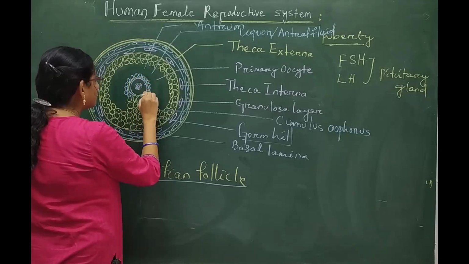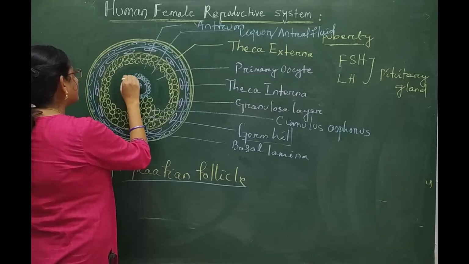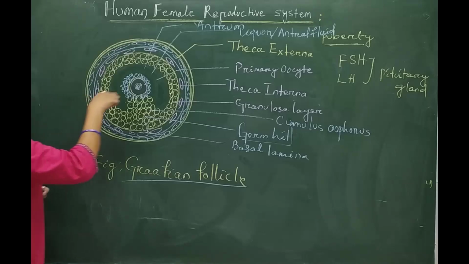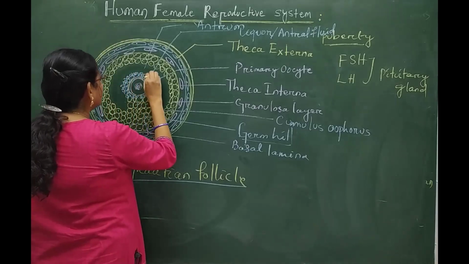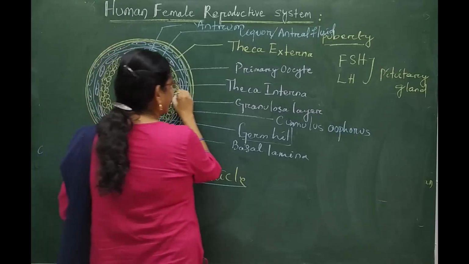The outermost granulosa layer that surrounds the primary oocyte is called corona radiata.